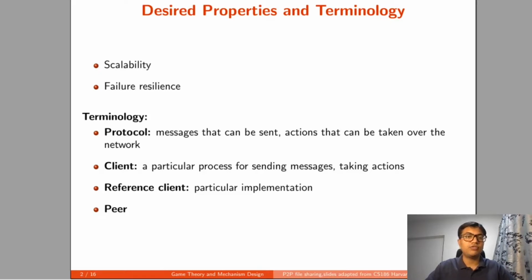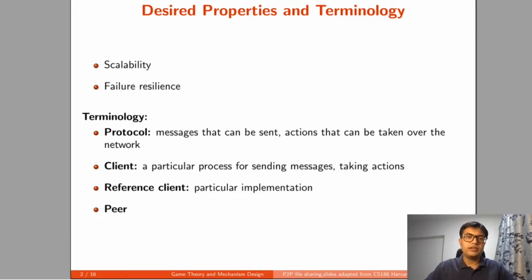And it is also failure resilient. Imagine a situation where there was only one server, and if that server goes down, nobody can download the file. While in peer-to-peer file sharing, every user has some copy of that file, and it is very likely that even though some peers disappear or some servers go down, the other users are capable of downloading this file, maybe from some other peers.